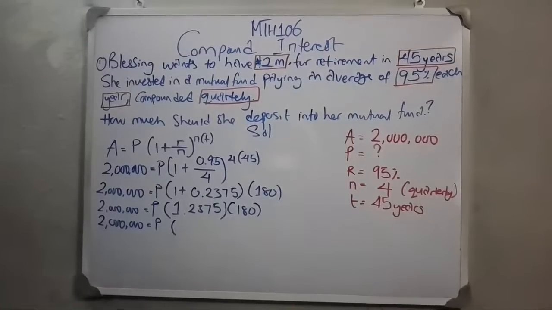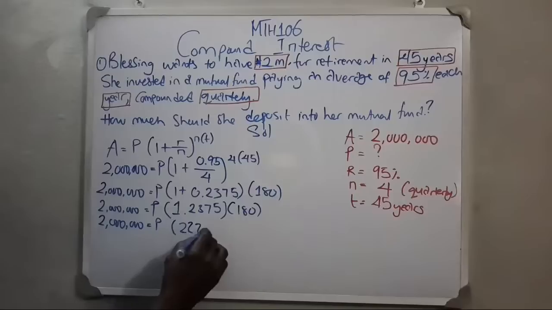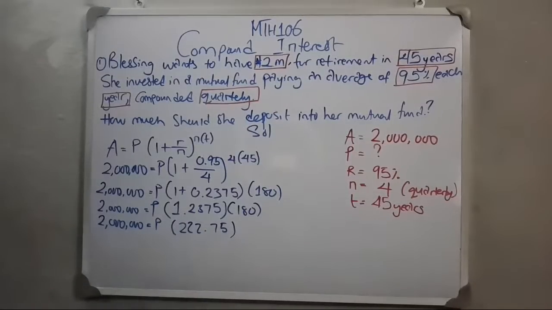So we have 1.2375 multiplied by 180. Thank you, Miss Titi, for that. 222.75. So what we have to do here is to divide.